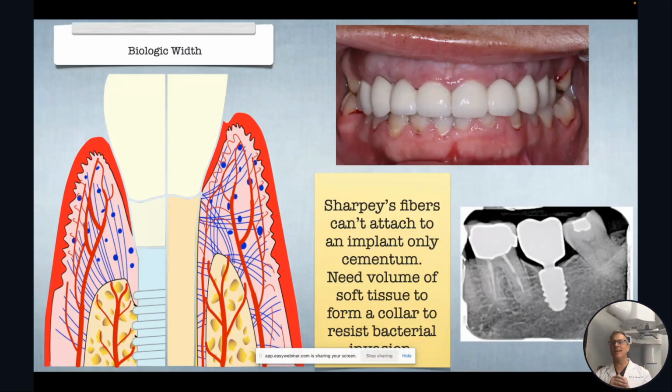And you can really see an exaggerated platform shift that allows that bone to grow not only to the top of the implant platform, but over it. I mean, that is the goal, right? That the body loves your implant so much that it wants to grow bone over the top of it.